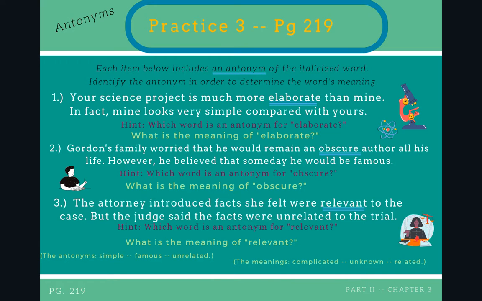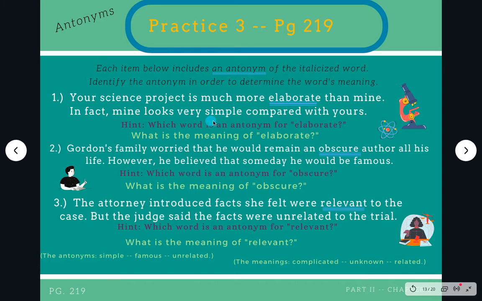So if you look at number 1, it says your science project is much more elaborate than mine. In fact, mine looks very simple compared with yours. So the italicized word is elaborate. Your science project is much more elaborate than mine. In fact, mine looks very simple compared with yours. So there's a contrast that's being presented in this passage.